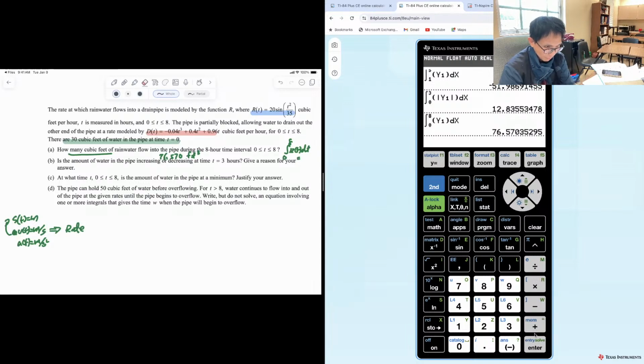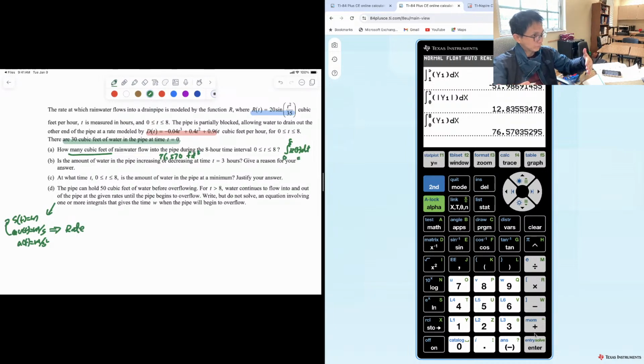So how do you compare? You think about amount of water. Amount of water is like amount of meter, right? Now, if you want to compare the increasing, decreasing amount of water, because amount of water is the subject, increasing, decreasing is a derivative.